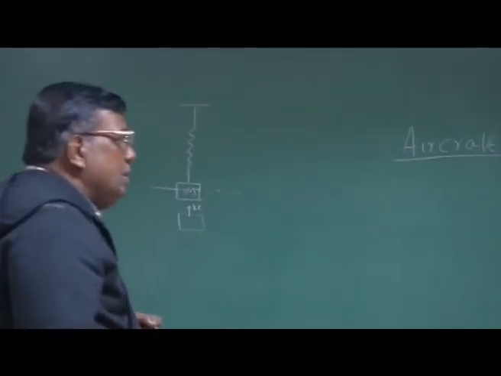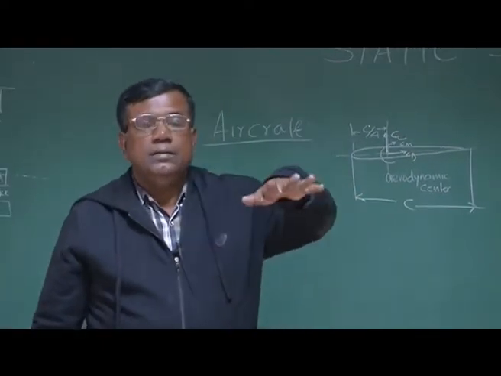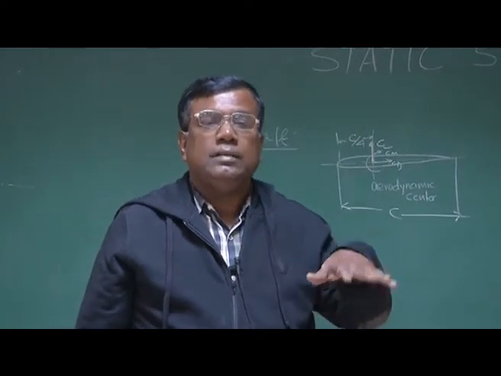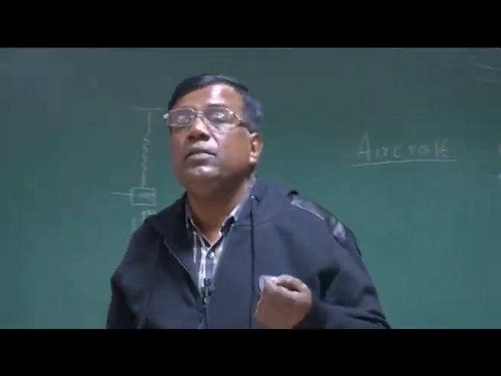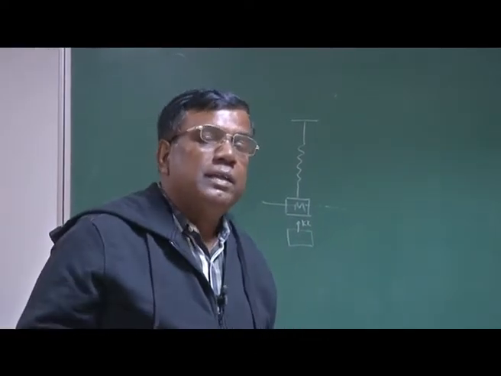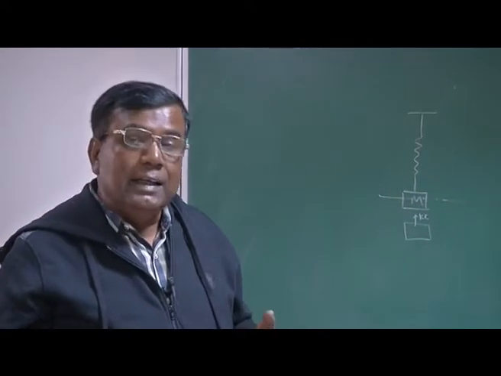It is important to understand that in free flight, if there is any disturbance on the body, it will try to rotate about an axis passing through the center of gravity. So we would like to see that whatever moment is being generated, the rotation is about an axis passing through the center of gravity.